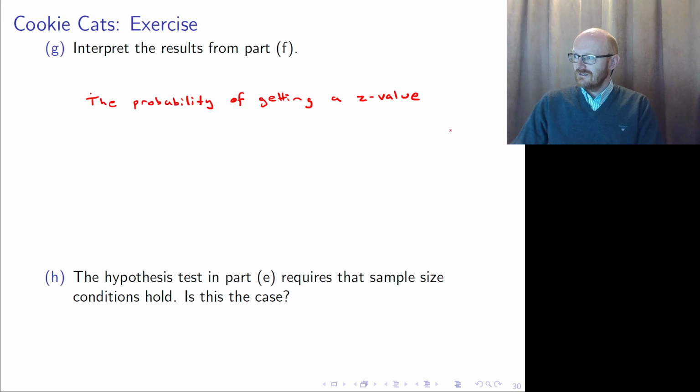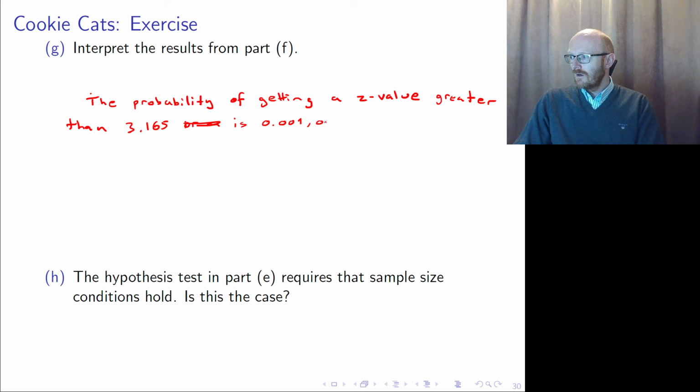The probability of getting a z value greater than 3.165 or more is 0.001, or 0.1%, assuming H0 is true. Okay, now it's written.